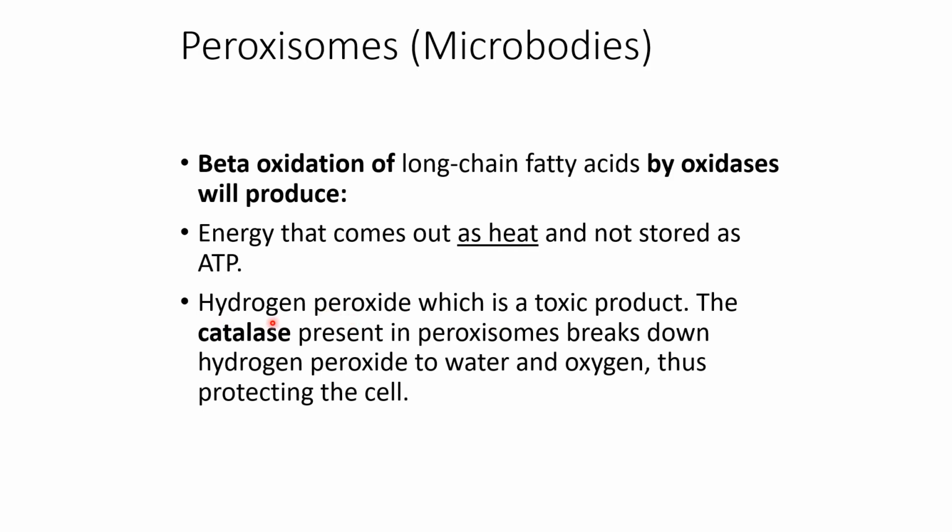We get rid of the hydrogen peroxide by the action of catalase, which is present in the peroxisome, breaking the hydrogen peroxide into water and oxygen, changing the toxic hydrogen peroxide into a non-toxic substance. H2O2 is changed by catalase into water and oxygen.